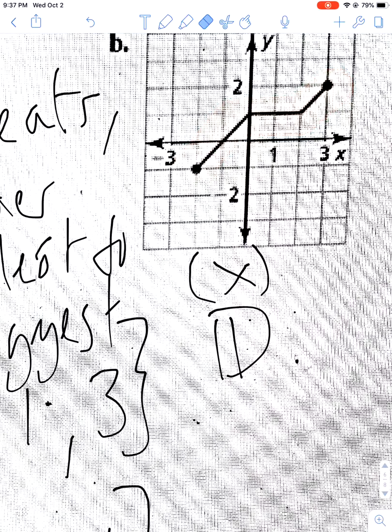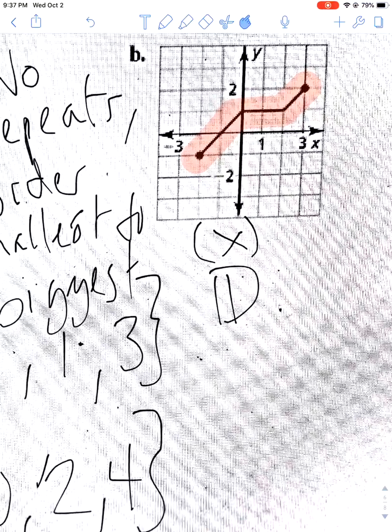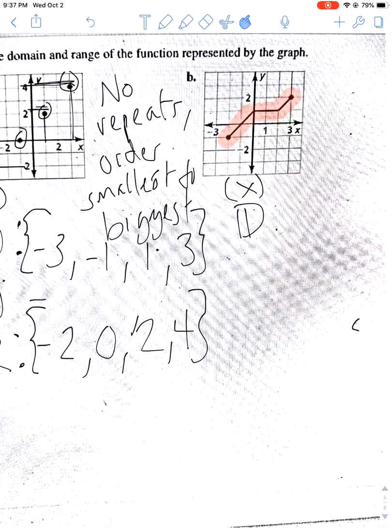I don't want to have to write every single one of those. So I wish there was like an interval notation I could write. Wait, we learned about interval notation last chapter. So let's see, what's the smallest we go on the x right here at -2, and the highest at 3.